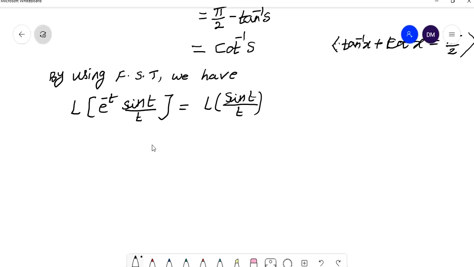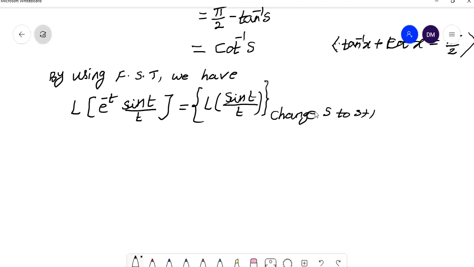Here the a value is 1. If we have minus in the exponential, we write plus: s plus 1.